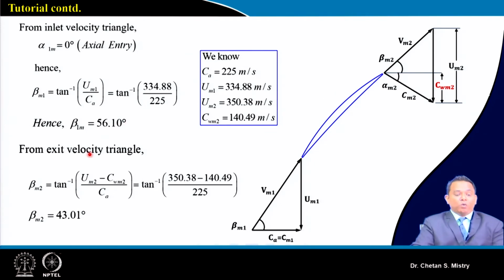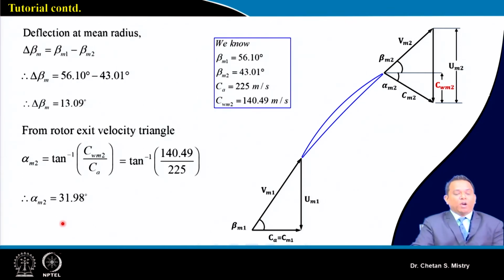Now at the exit, this is our velocity triangle. Based on trigonometry, beta 2 is given by tan inverse of U minus Cw divided by Ca, and it is coming 43.01 degrees. So at mid station, my beta 1 and beta 2 are known to us.